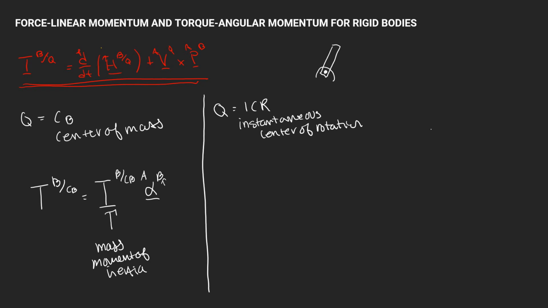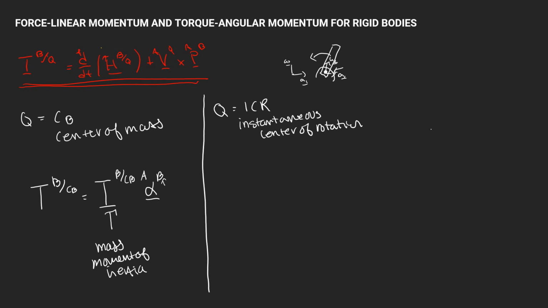This point here, even though this rigid body is rotating, this point doesn't rotate with respect to an inertial frame, right? So if we draw our A frame here, that pivot point doesn't rotate, right? So that would be an example of an instantaneous center of rotation.